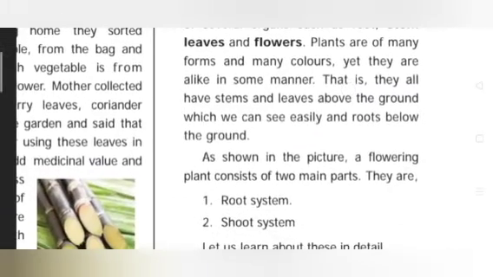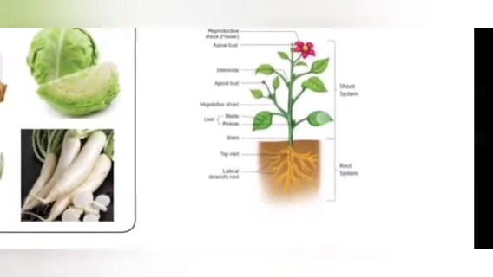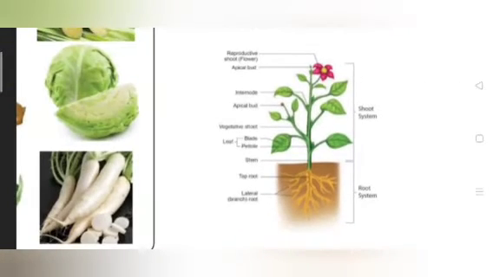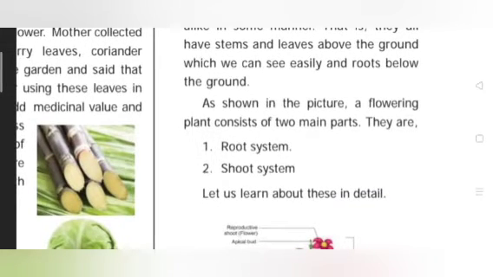So look at this picture. Do you like this picture? Yes, very attractive, right? As shown in the picture, a flowering plant consists of two main parts.